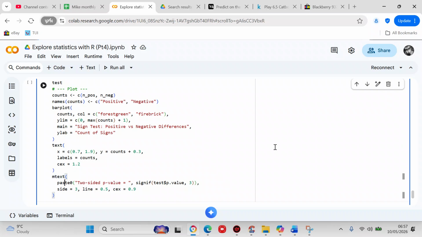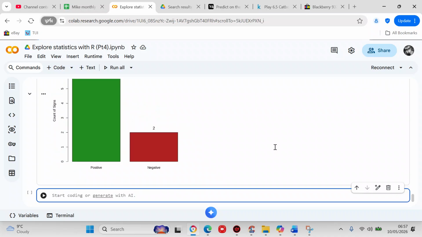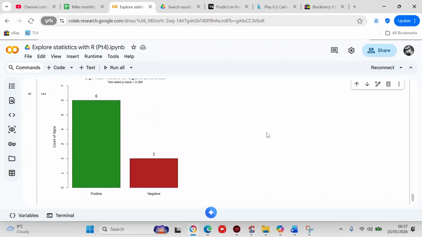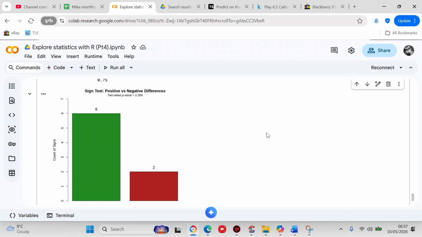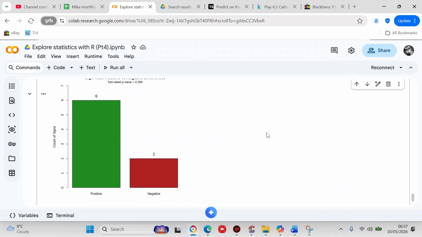You're going to put some more text in there: paste0 of "Two-sided p-value = ", then signif of test$p.value, rounded to 3 digits, side equals 3, line equals 0.5, cex equals 0.9. Then we run it, and this is the chart that is created.